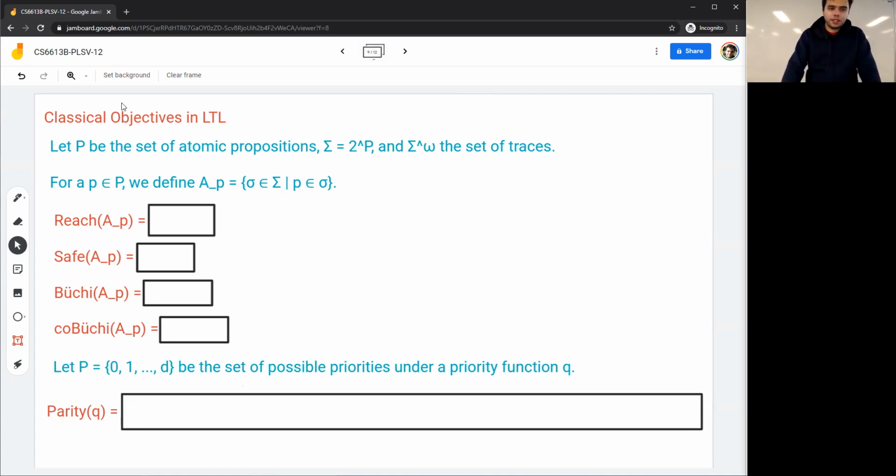So again, let P be my set of atomic propositions. Let's say that my alphabet is the power set of P. And let's look at traces on this alphabet. For a given proposition p, I define Ap as the set of all letters that include p.